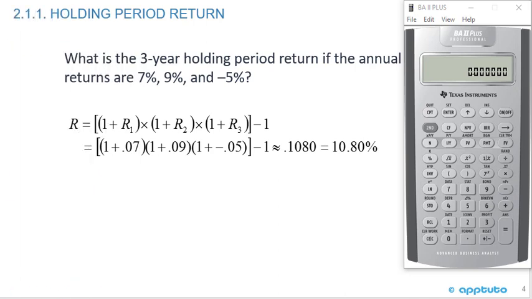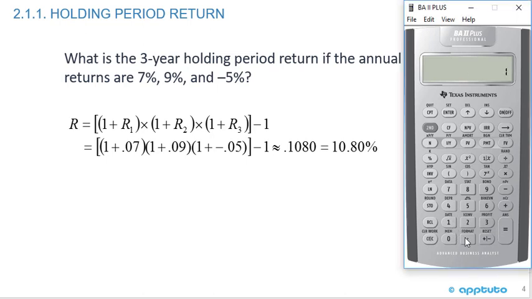So we'll just work through an example. What is the 3-year holding period return if the annual returns are 7%, 9%, and negative 5%? So again, to calculate the holding period return from 3 annual returns, we would do it by compounding: 1 plus return 1 times 1 plus return 2 times 1 plus return 3 minus 1. So I just have the calculator up here.